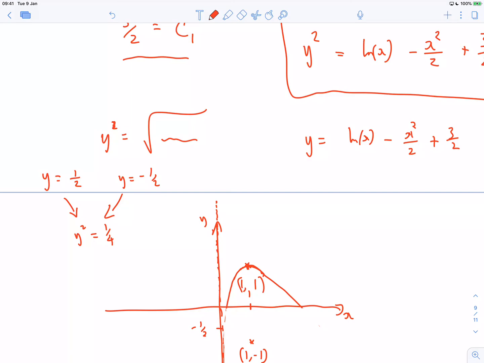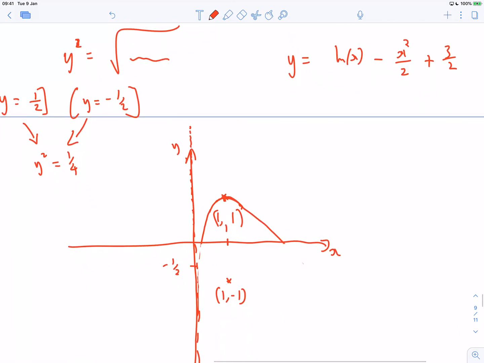So what's actually happening is every y value is going to have a mirrored negative version of itself. So actually what's going to happen is it's going to go like that, like that. So it's going to create this symmetric about the x-axis kind of heart shape, this cardioid. Not really a cardioid. I've not done that particularly well.